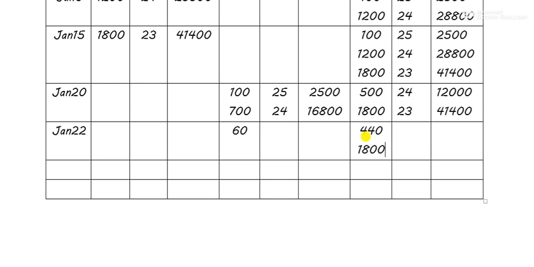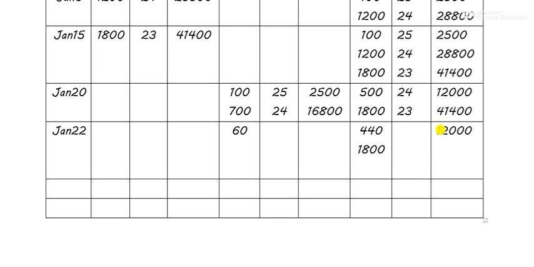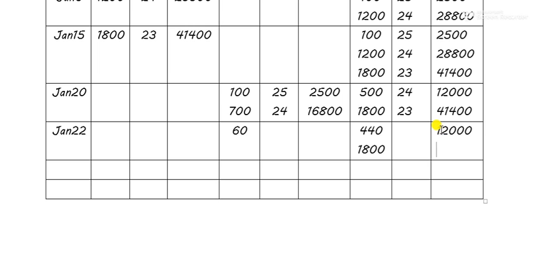The 1800 remains complete. Don't write the rate, just write 12,000 over here, and the other amount remains the same, 41,400. Now we calculate the rate: 12,000 divided by 440, the rate is 27.27.